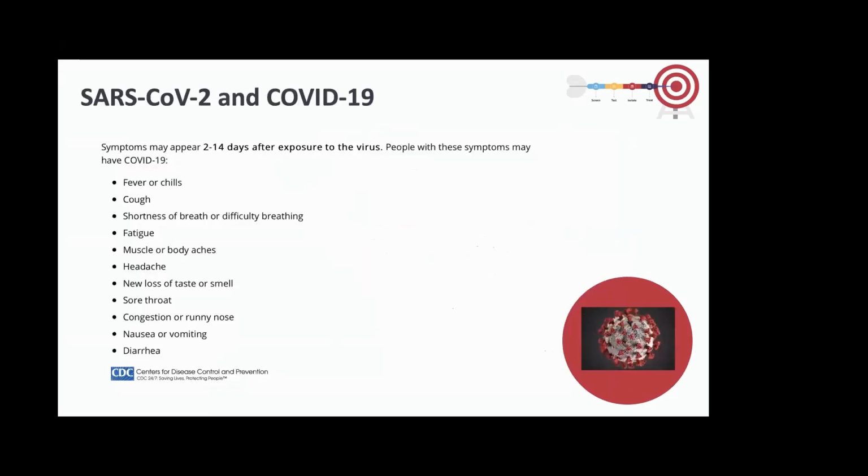So what symptoms do patients develop? Well, these are the list of symptoms that have been listed by the CDC in the cohort of patients from the Chinese study that was published in the New England Journal of Medicine, where fever and chills are there.